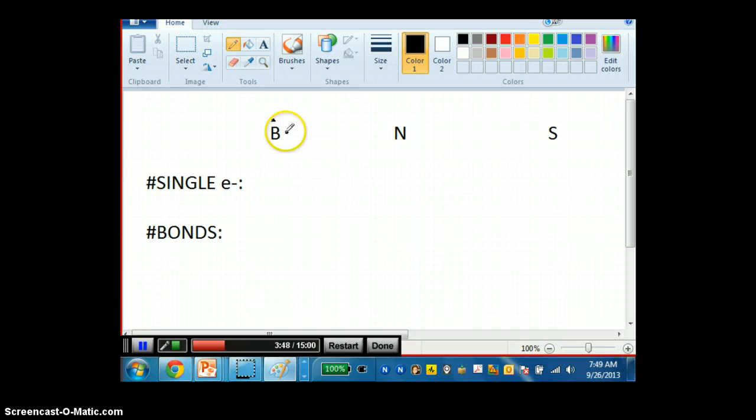Imagine it's in a little box. 1, 2, 3. Okay, boron has 3 dots. How many single electrons does boron have? It has 3. Single electrons means it doesn't have a pair. And if it has a single electron, that means that's how many bonds it can make. It can make 3 bonds because it has no friends here, okay?